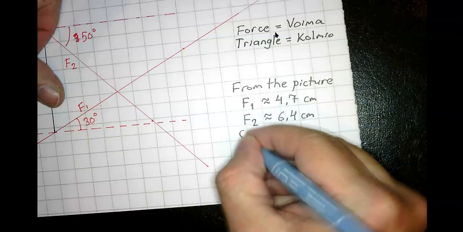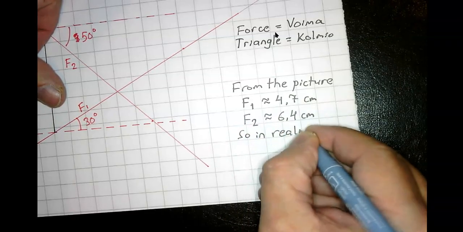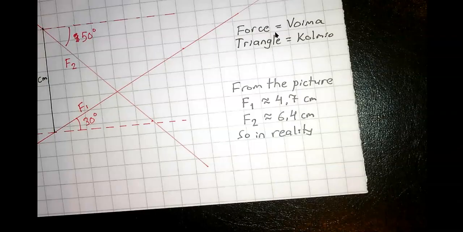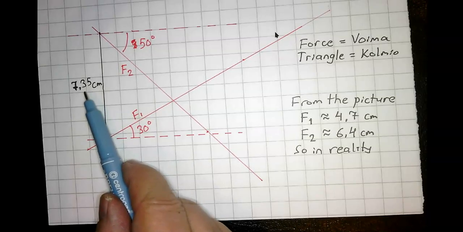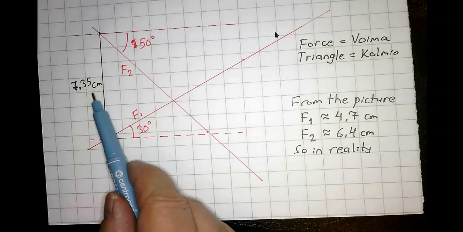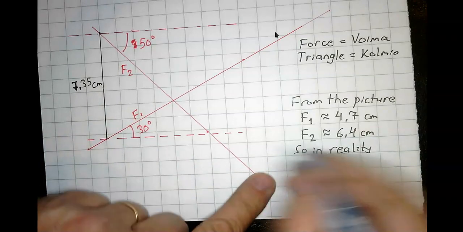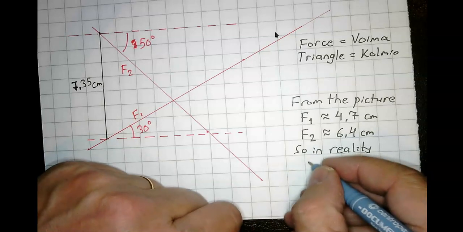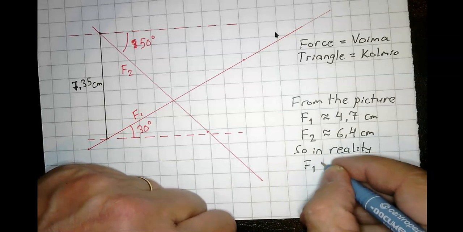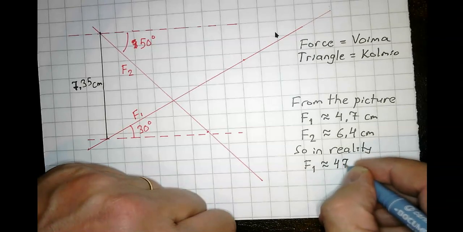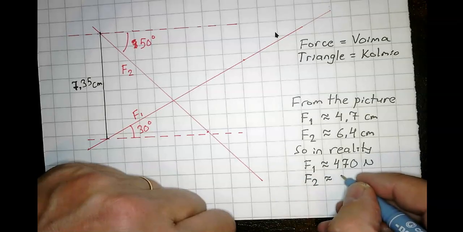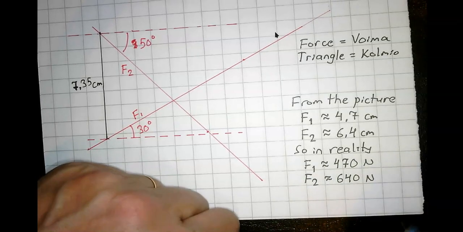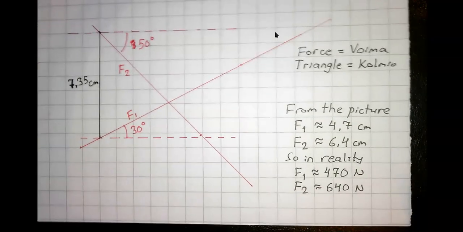So in reality, I have this scale where 7.35 meant 735 newtons, so we have to multiply these by 100. In reality, F1 will be approximately 470 newtons, and F2 approximately 640 newtons.